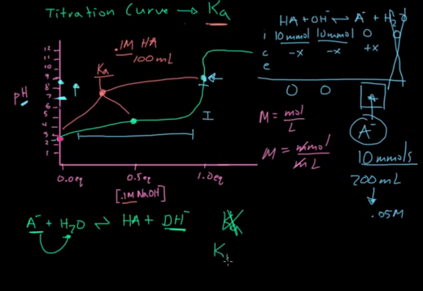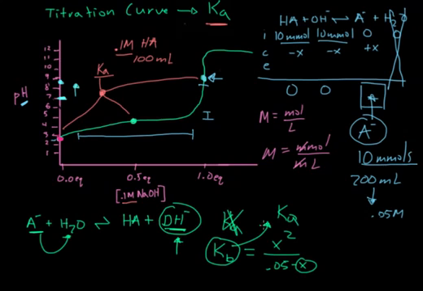The Kb of it is going to equal x squared over your concentration minus x. From your Kb, you can find your Ka, right? So all we have to do is find Kb. We know that x represents OH minus concentration, and from the pH, we can find OH minus concentration.